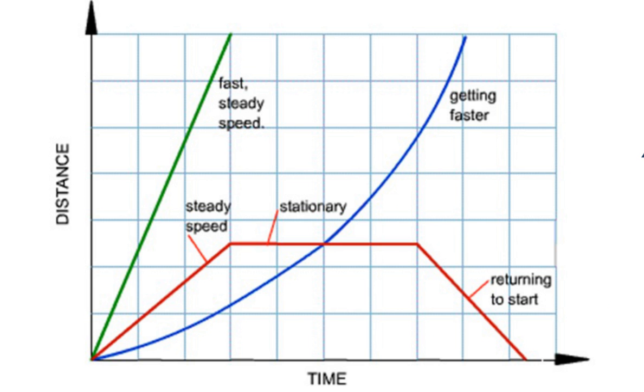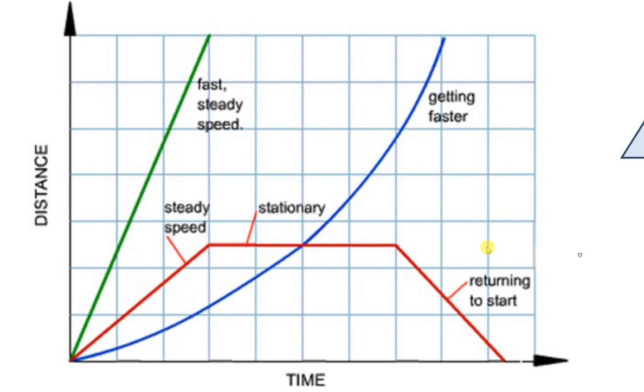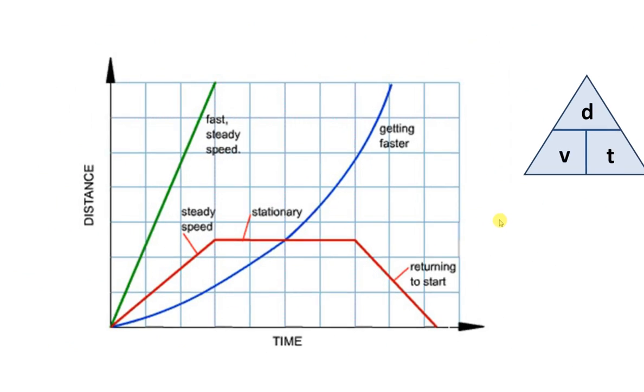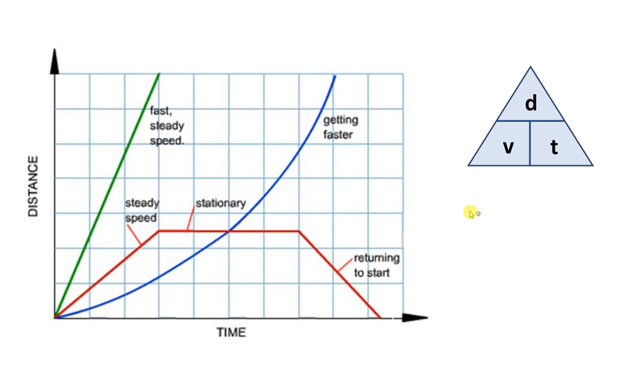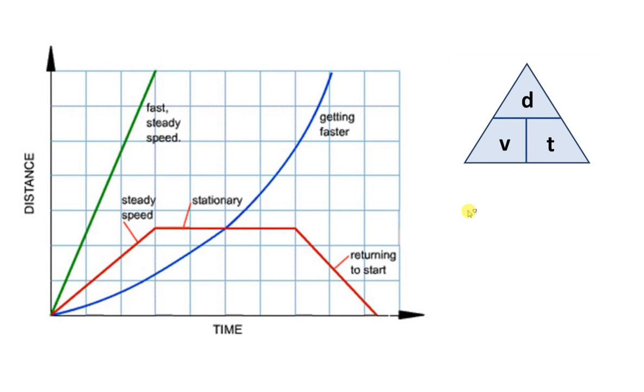Now we'll come back to that, but we're going to try and tie that together to our equation that we've been using so far. Using our triangle here, we've said that velocity is equal to distance divided by time.